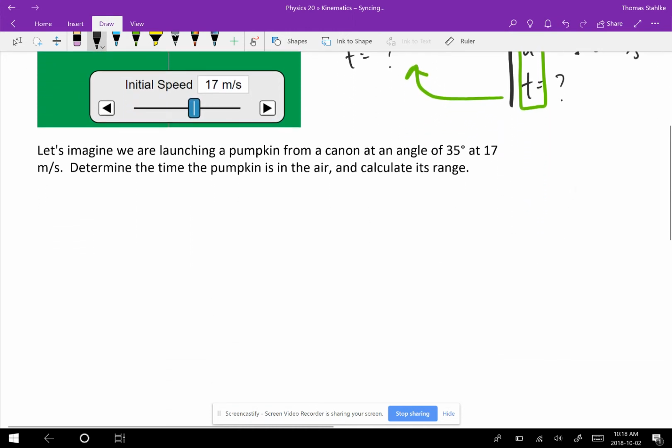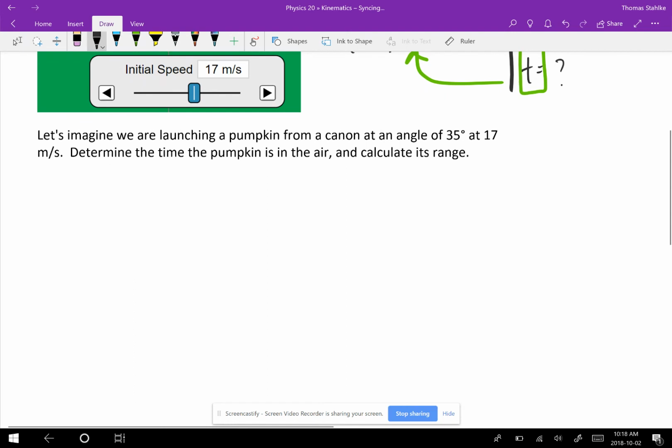So the very first thing we could do is think about our vector diagram. So this would be V initial in y-axis, Vx, here's our angle, and here's the velocity of 17 meters per second.